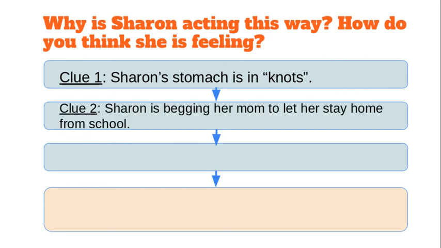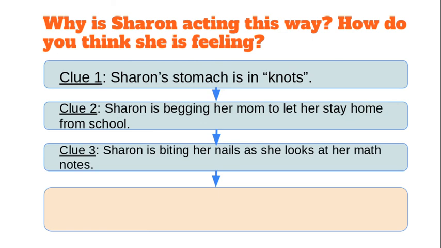Clue number 2. Sharon is begging her mom to let her stay home from school. It sounds like she's not wanting to go to school and she's trying to avoid it. Clue number 3. Sharon is biting her nails as she looks at her math notes. People often bite their nails when they're nervous.